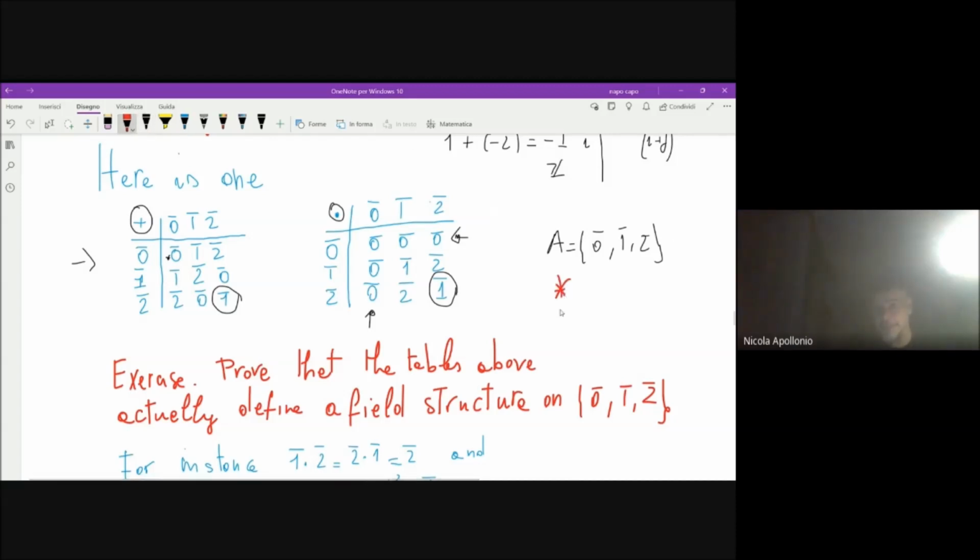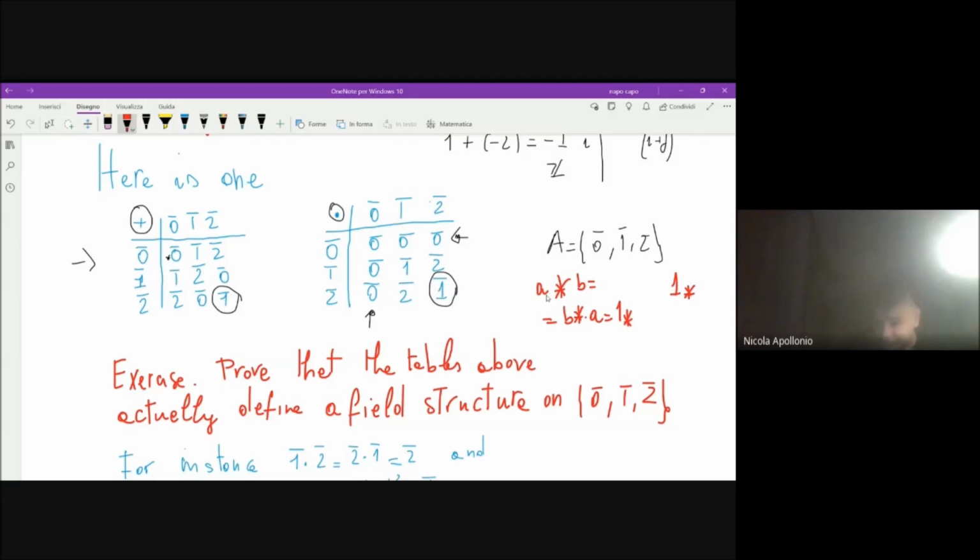You have the operation star with a neutral element 1, and the inverse of an element A with respect to this operation is the unique element B such that B star A is equal to 1. Assume this is the neutral element and check that every element has an inverse.